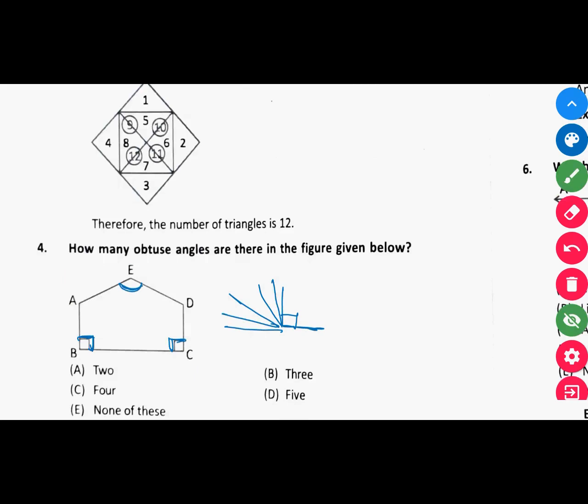This is clearly obtuse, but this is also obtuse and this is also obtuse. See, this 90 degree will be shown like this and it is greater than 90. So this one is also obtuse and this one is also obtuse. So 1, 2 and 3 are obtuse here. So our answer is 3.